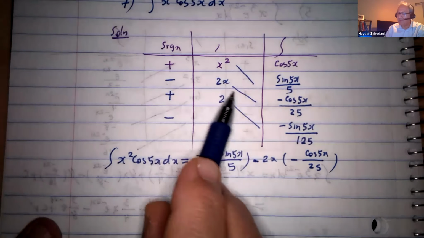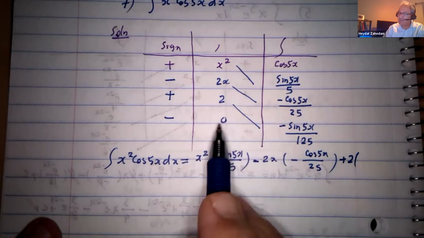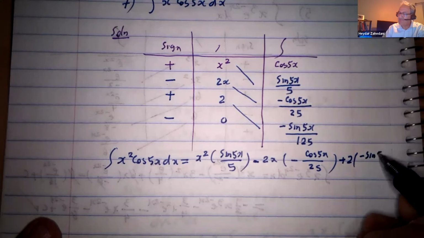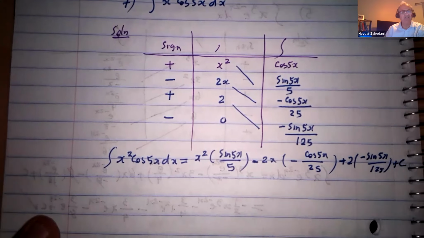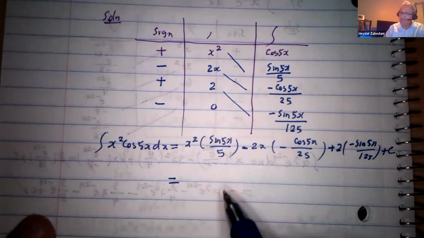Okay, up here, so plus 2 times what? 2 times a negative sine of the 5x over 125. So I add the constant c here. You have to simplify it, write it down nicely.